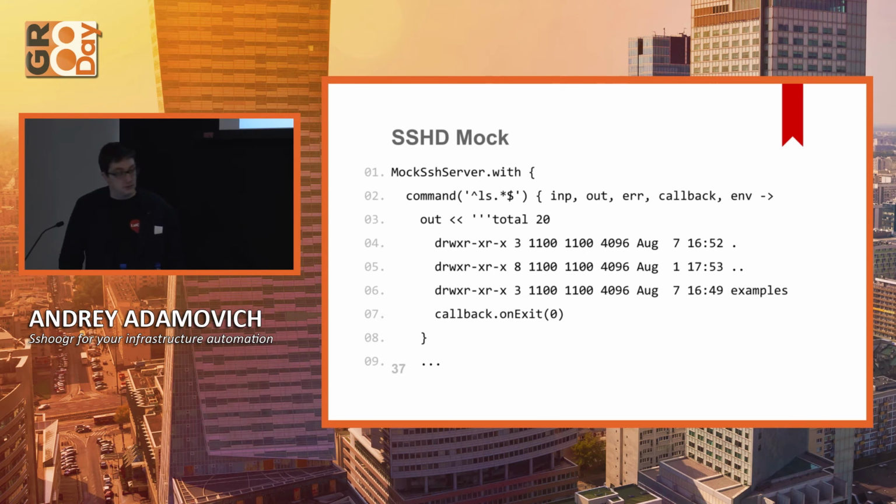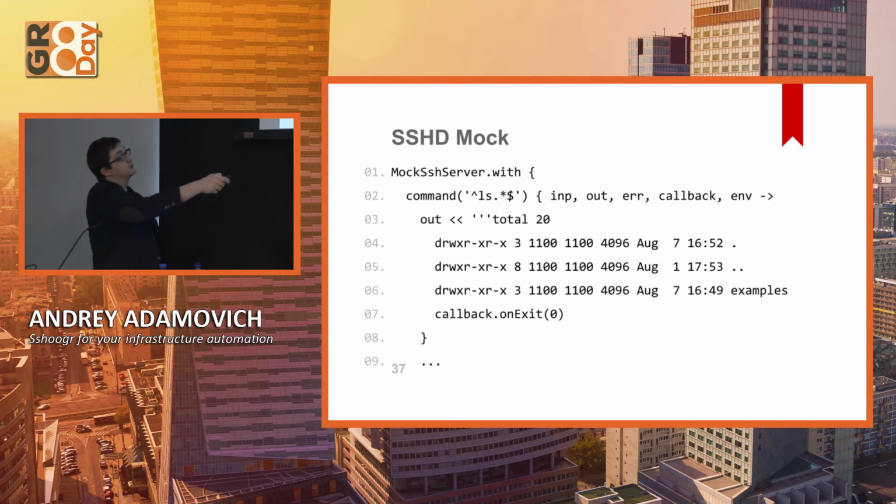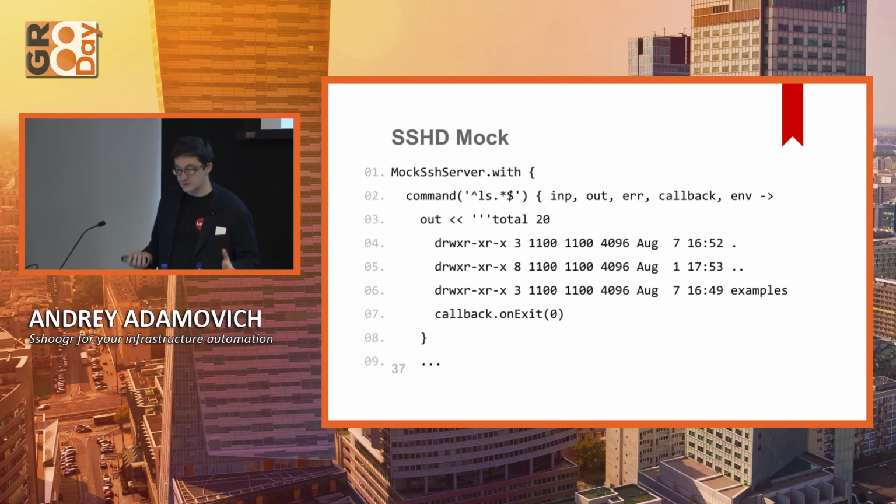The way it works is that you have a mock SSH server class, with the help of which you can define expectations for your SSH server. In this particular case, we define a pattern for commands to return something. As you can probably guess, we're saying that the ls command should return this output, and it should always exit with exit code 0.